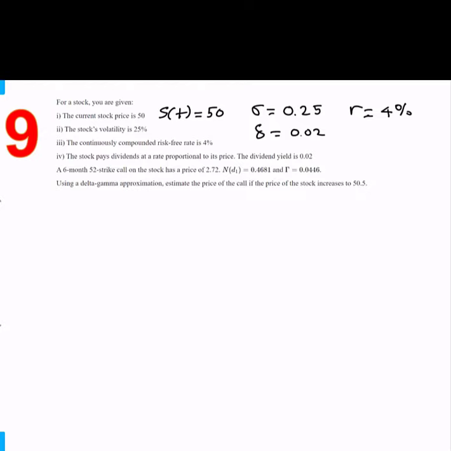Here we have d1; the notation is the same. A call with strike price 52 and T is 1/2, so K is 52. It has a call price, so right now the call price C_t is equal to 2.72.